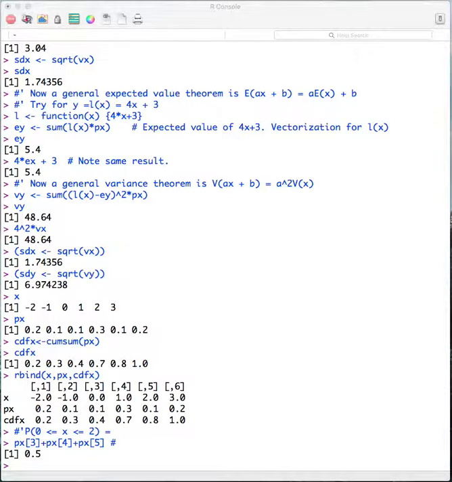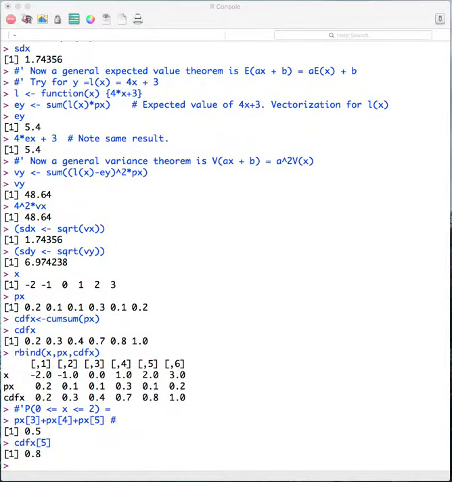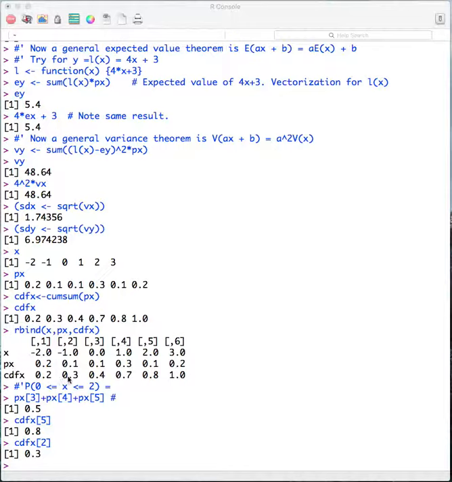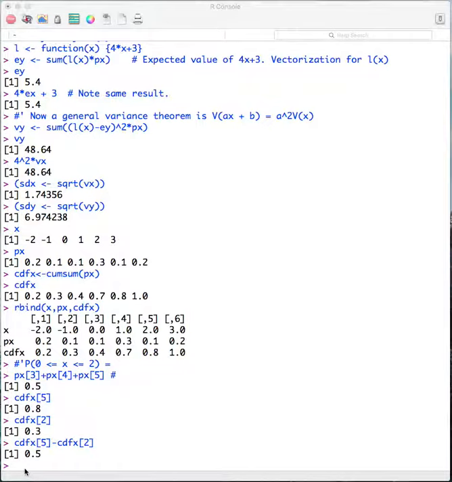But actually, that's part of what we want to include. So what we're going to do here is take CDFX of 5. That's the 0.8. We're going to take CDFX of -2. That corresponds to the 0.3. That's less than 0. And we're going to subtract. And lo and behold, there's the same 0.5 that we got before.